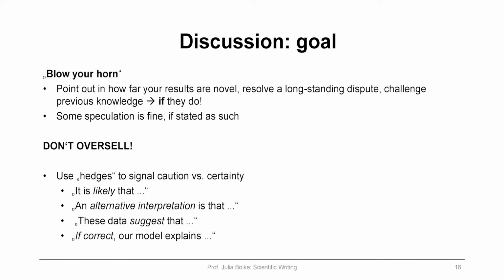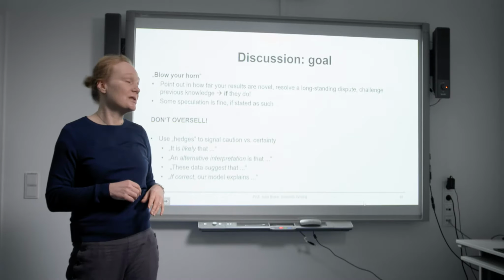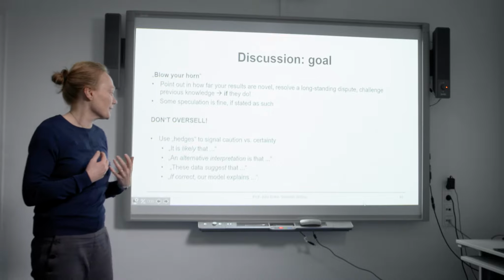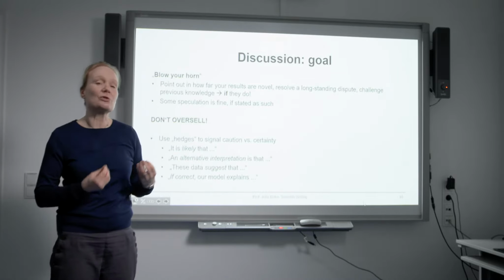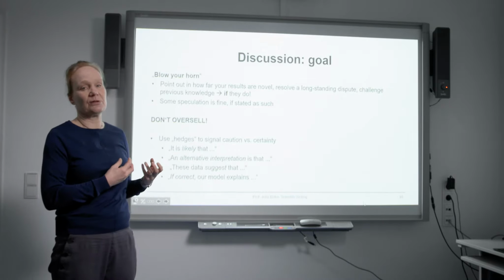For example, here you can use these sentences for framing and not overselling your story: it is likely that, an alternative interpretation is that, these data suggest. These are very cautious sentences, and you don't promise too much, but you indicate this interesting story.